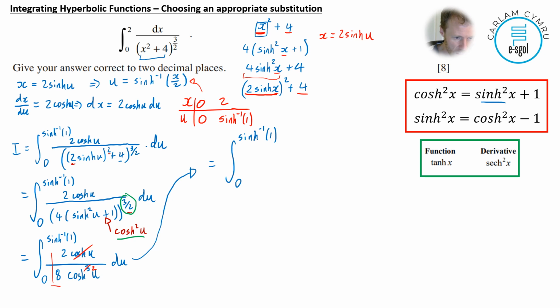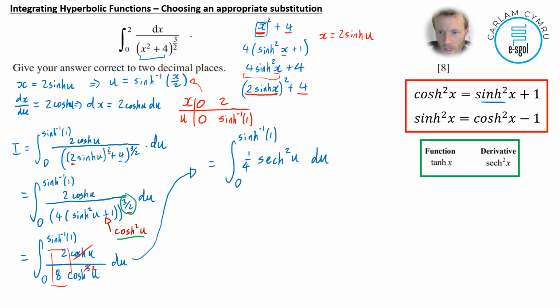This bit here, the 2 over 8, is going to give us a quarter. And the other bit, the cos squared on the bottom, let's rewrite that as sec squared u du, like that.